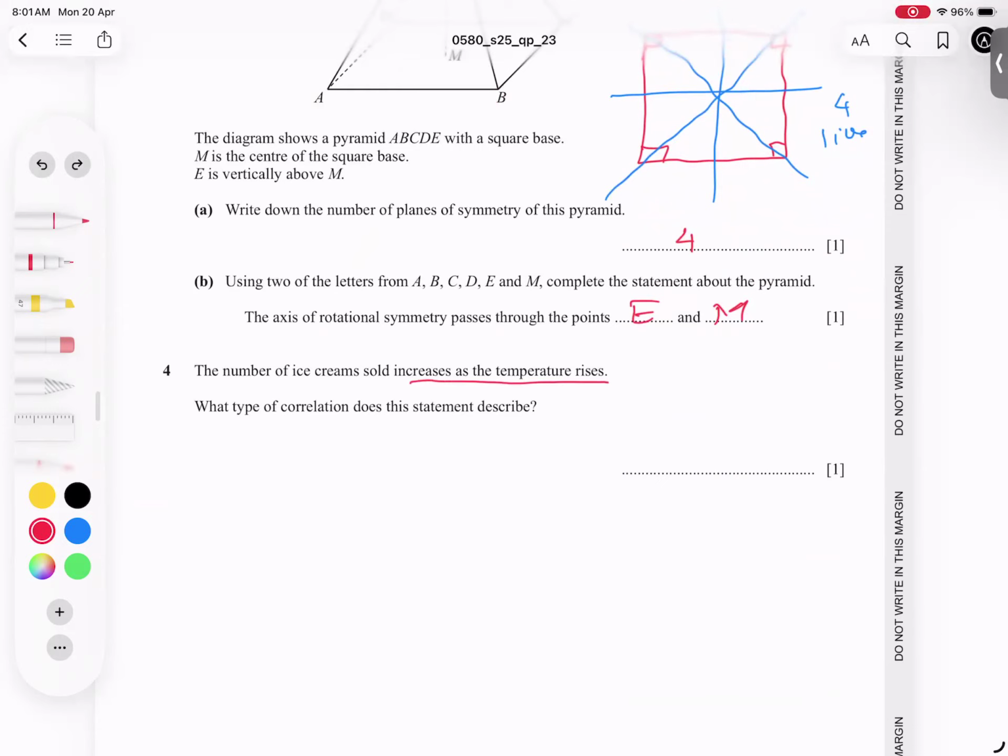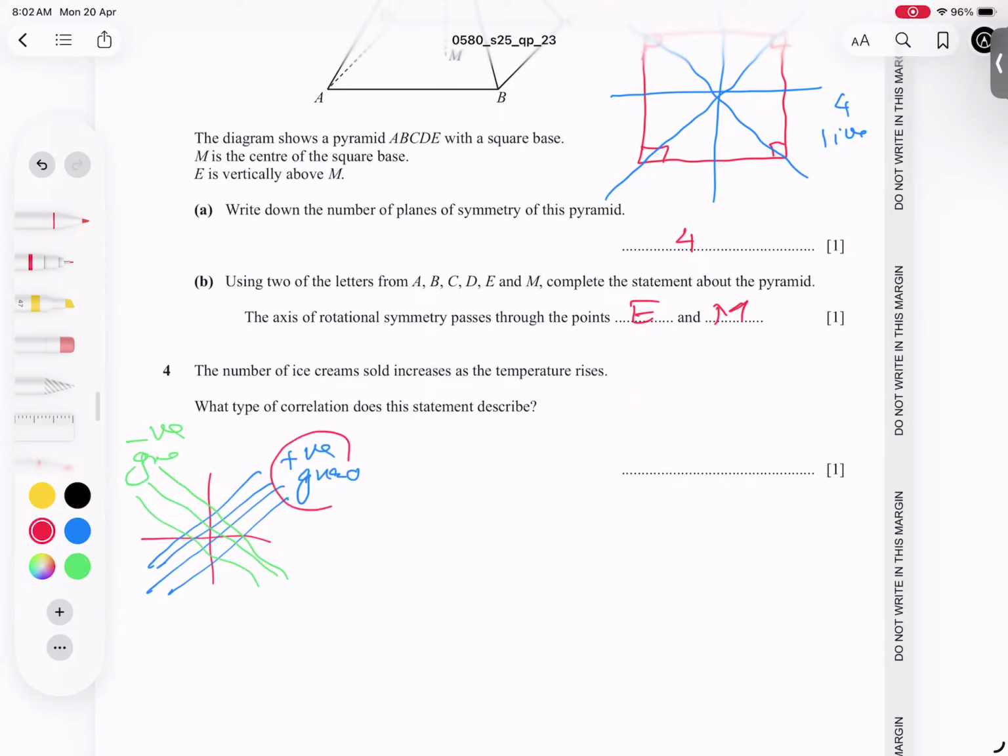And the next point: the number of ice creams sold increases as the temperature rises. As temperature rises, the number of ice creams sold increases. Write down the correlation. Okay, naturally, first before I start, look, I show you: lines in the first and third quadrant have a positive gradient, and lines in the second and fourth quadrant have a negative gradient.